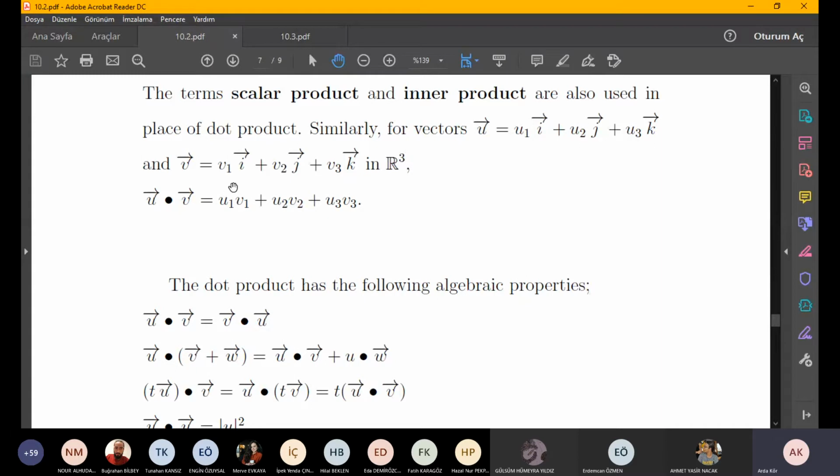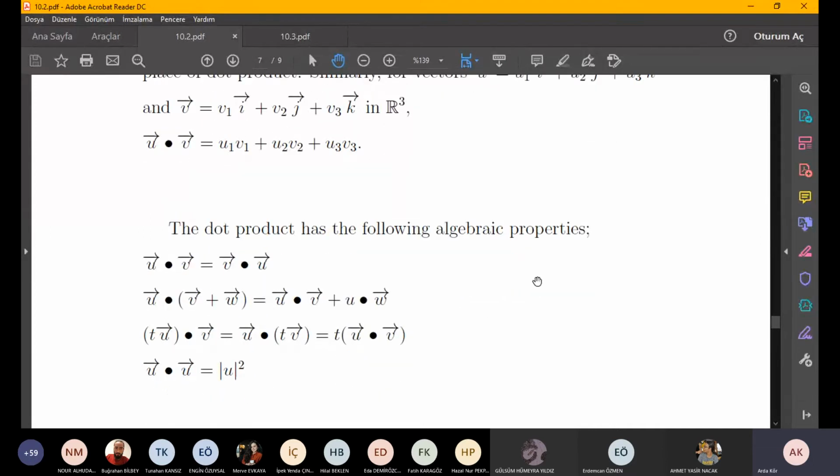And u2 times v2 will be a scalar, u3 times v3 will be a scalar. If you add those three scalars, then of course you will find a scalar. That is why you can also call that product the scalar product.